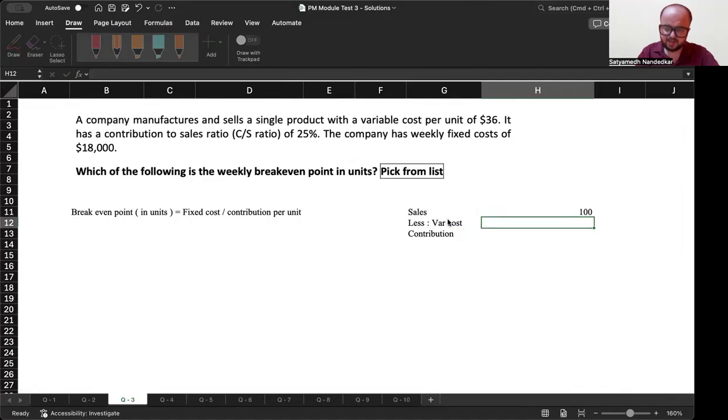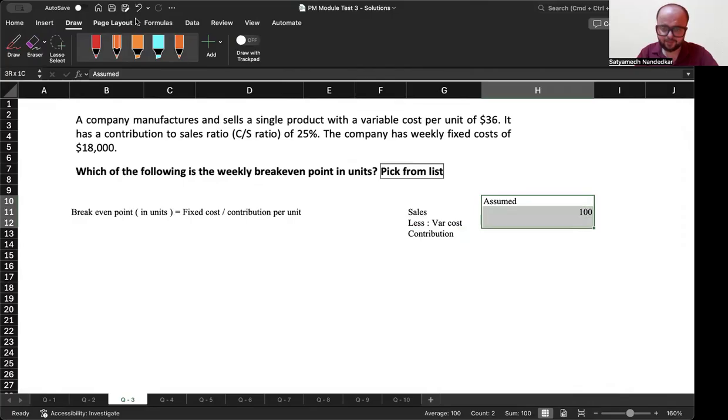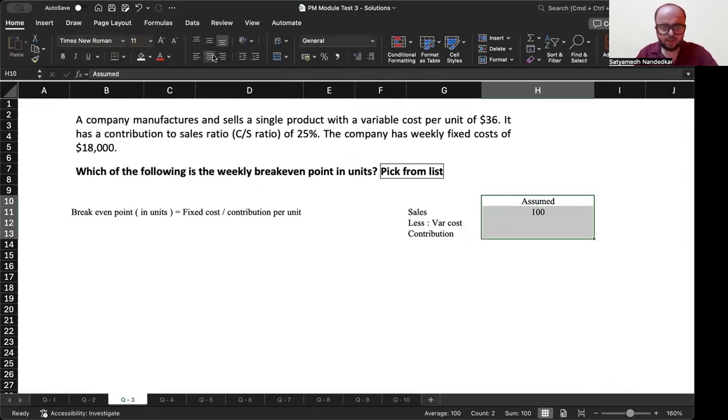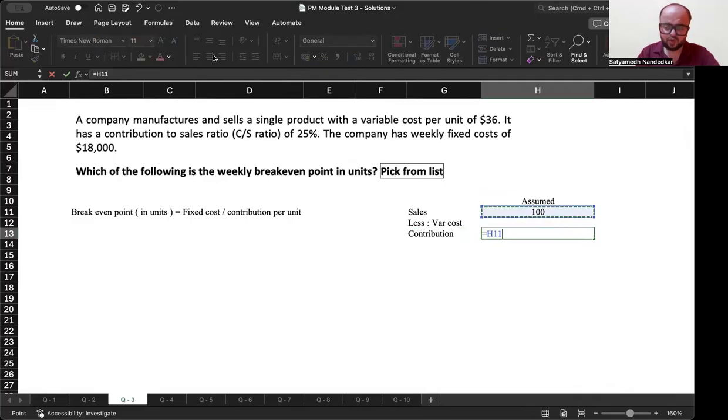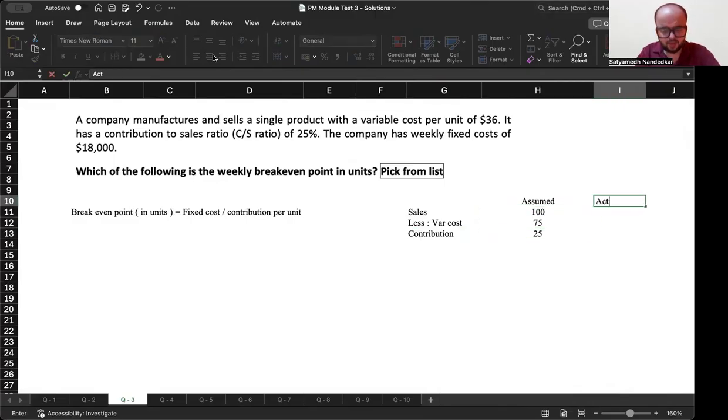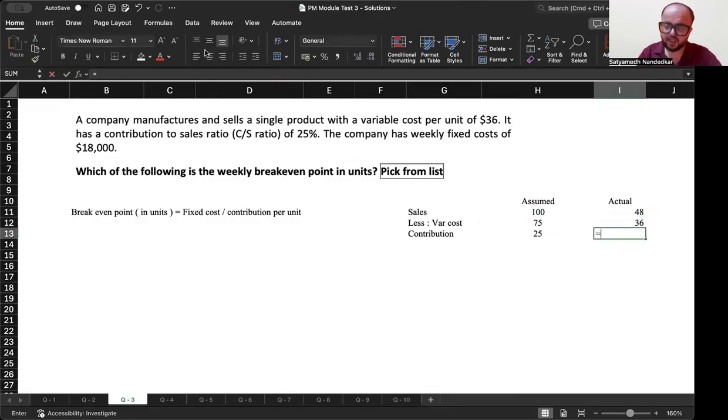Sales less variable cost is contribution. If sales is 100, these are my assumed values. If my sales is 100, how much is my contribution? CS ratio is 25. That means contribution is 25% of sales. Naturally, the difference is variable cost. Now let's look at the actual data. The actual data tells me that my variable cost is 36 per unit. If variable cost is 36, can I get my sales? 36 into 100 upon 75, which is 48.